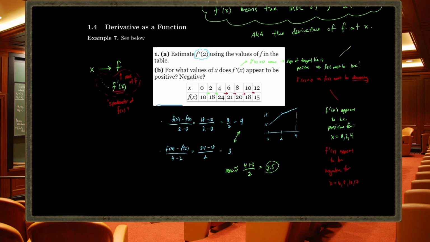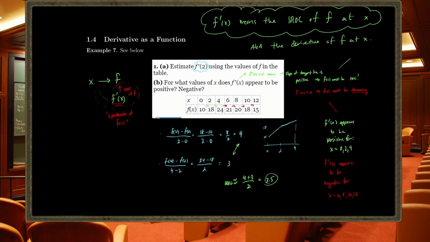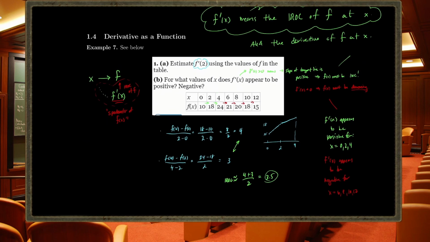Okay, so again, the idea I'm trying to drive home here is that f prime itself is a function. If you input x equals something, what do you get out of f prime? You get the instantaneous rate of change of f. So again, this is the speedometer of f. Just like in a car, you've got the odometer, that'd be f. That kind of tells you your position. This is a very rough guide to this idea.